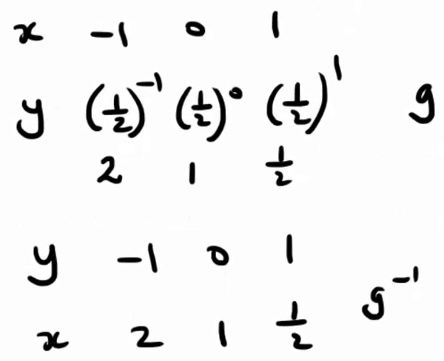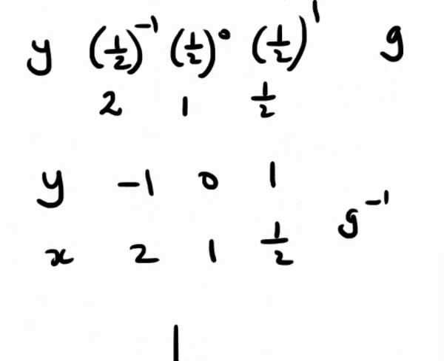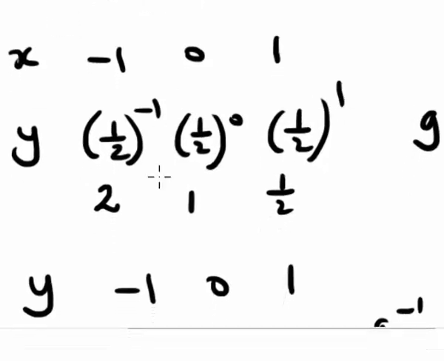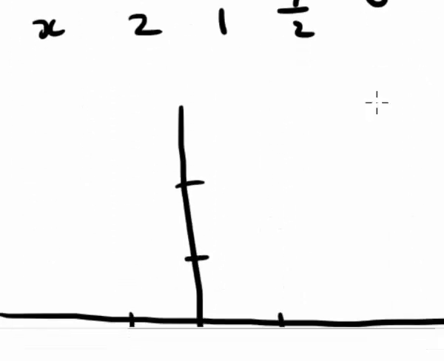So if we draw the graph of g, it would be the points -1, 2, then 0, 1, and 1, a half.